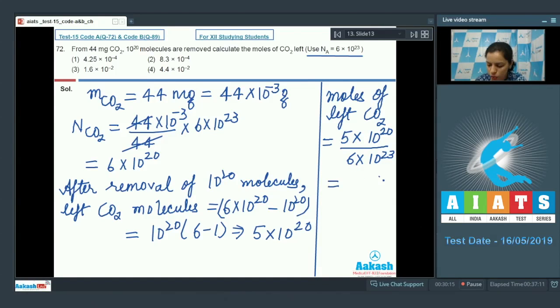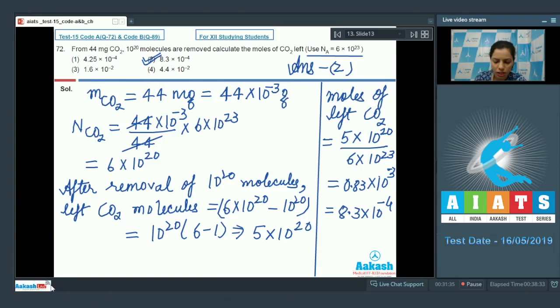It will become 10 raised to the power minus 3 that you will obtain here, into, and if you divide 5 by 6, the value is approximately 0.83, and that could also be written as 8.3 into 10 raised to the power minus 4. Where is this value given? This is correctly given here in option 2. So just choose option 2 as your correct answer.